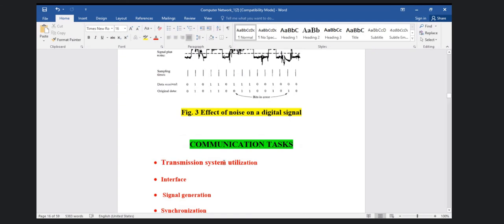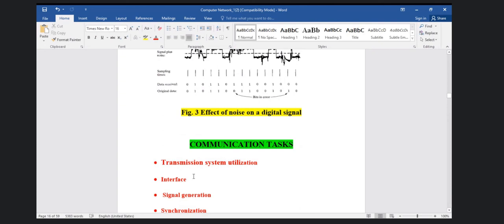So this is one of the communication tasks, and we can take advantage of a communication system if we can transmit more than one signal simultaneously at the same instant of time through a single channel. Then we can utilize the transmission system fully.